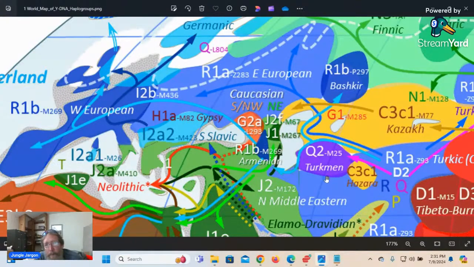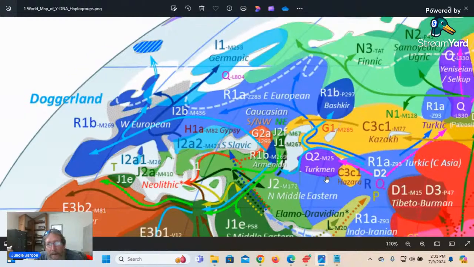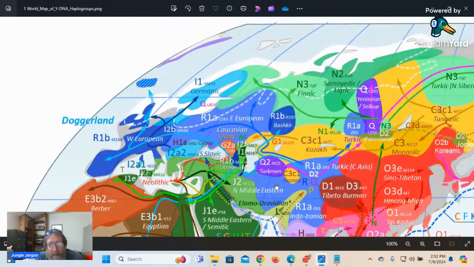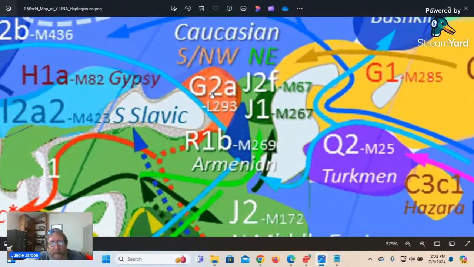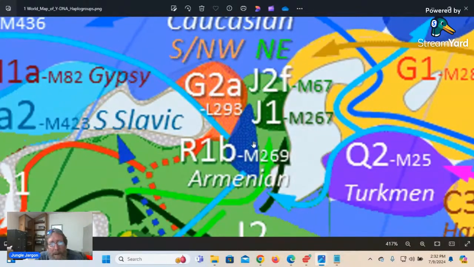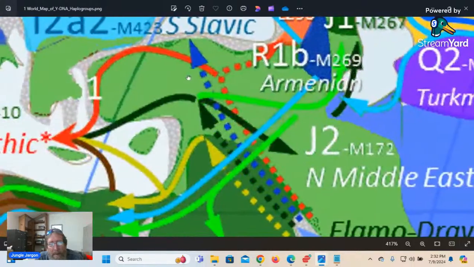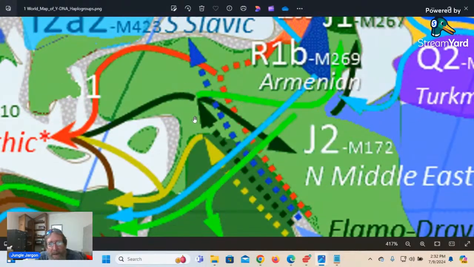So that's how I got most of the major ones. Of course, G is Assyrian, and one of the F lineages is Aramean, and the other F lineage is Lydians.